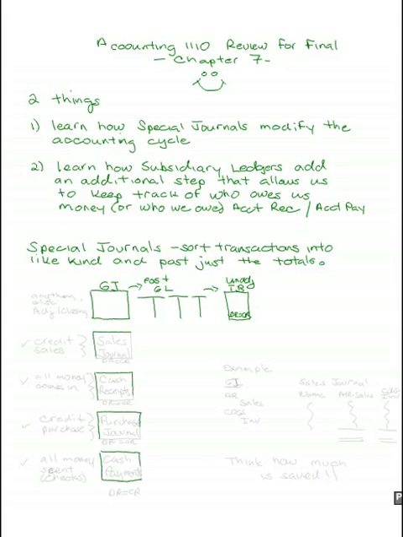Now, instead of having just a general journal, we're going to have 5 journals. And oh, I can hear you groan. We'll still have the general journal, that's never going away, but we'll also have a sales journal, a cash receipts journal, a purchases journal, and finally a cash payments journal.